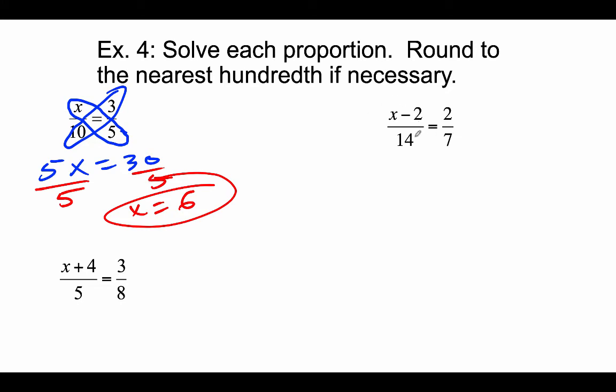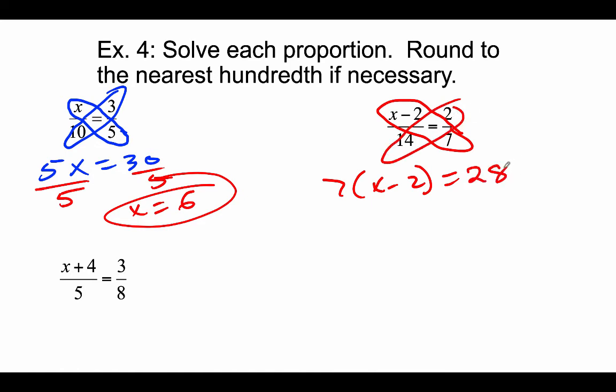We show our work. Over here, I would start like this. 7 times x minus 2 equals 14 times 2. 14 times 2 is 28. You could do this two ways. You could distribute and solve for x. That is fine. This is straight multiplication, which means I could just divide.